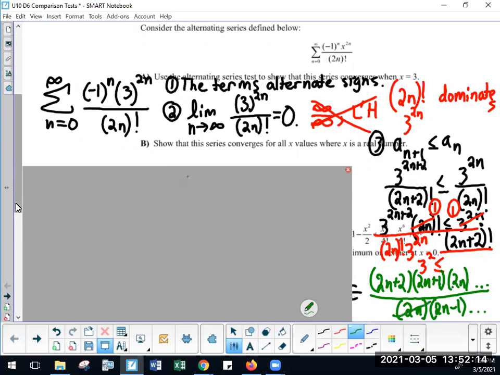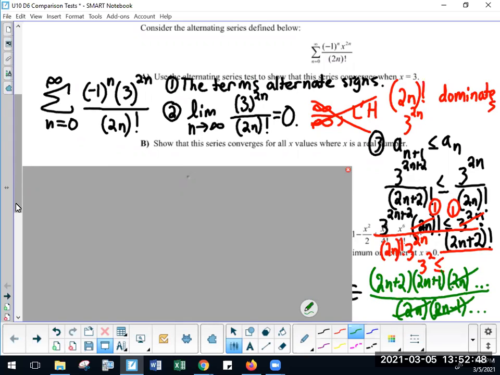Well, 2n and everything after 2n cancels to make 1. So let me ask you, is 3 squared, 9, smaller than 2n plus 2 times 2n plus 1? It sure is. That's definitely the case because n has to be 0 or larger. So maybe not when n is 0, but it doesn't take long for values of n to exceed that. Okay.